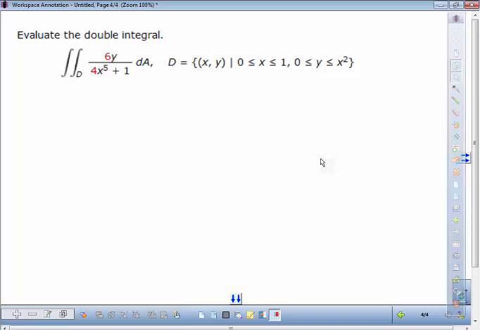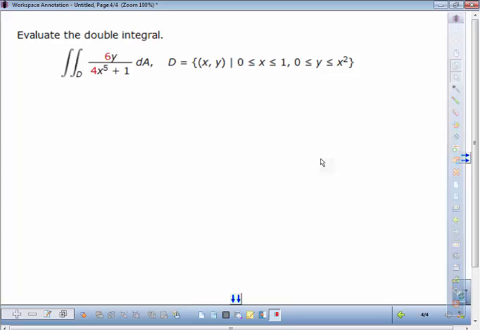Let's evaluate this double integral from, well, they give us the domain. Now they call it D. Did they used to call it R? I switched my notation. Oh, maybe they used R because it's a rectangle. That's right.